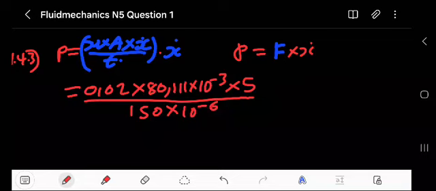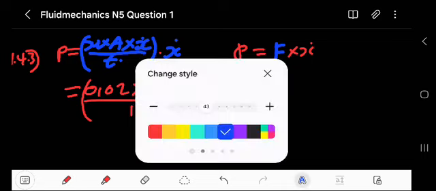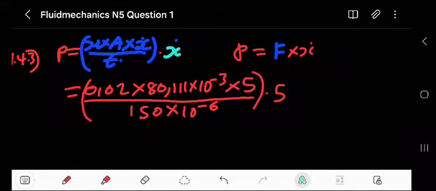Multiply this by our velocity, which is 5 again. You see what's changed? The value that changed is simply the velocity, compared to the one for the angular case. Now if you punch all of this in, what will be the power?